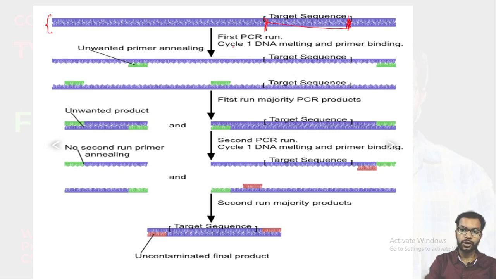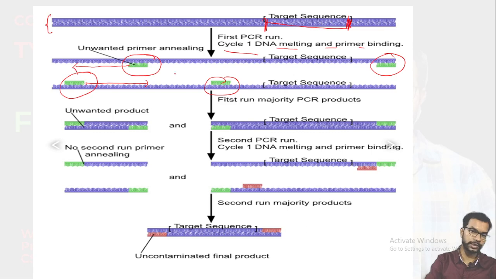Okay, so cycle 1, DNA melting and primer binding. Here the first set of primer has been bound, here and here. So this primer will amplify this portion, and from this primer the amplification will take place up to this.